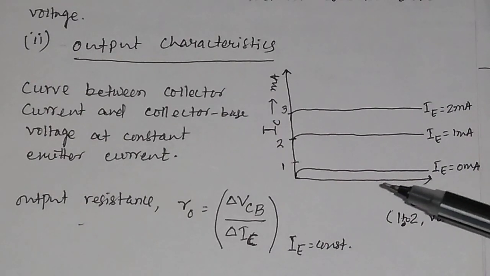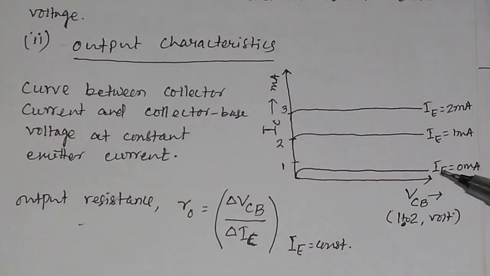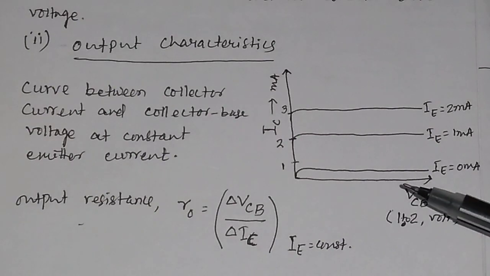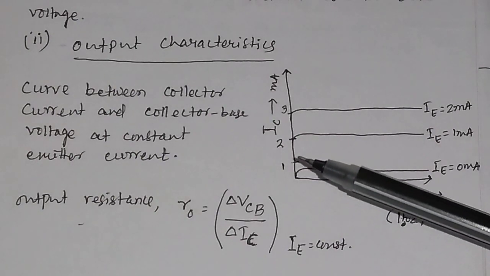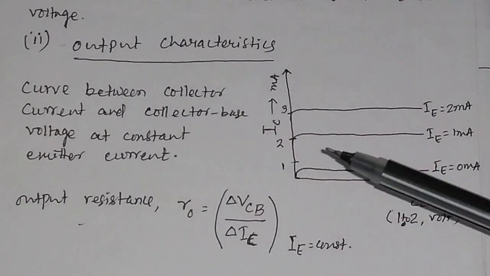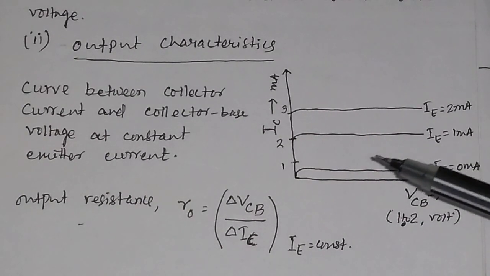So throughout the experiment, you keep the input current, that is the emitter current, constant, and you vary the collector base voltage, and you measure the corresponding collector current, and this will be the nature of the graph for the output characteristics.